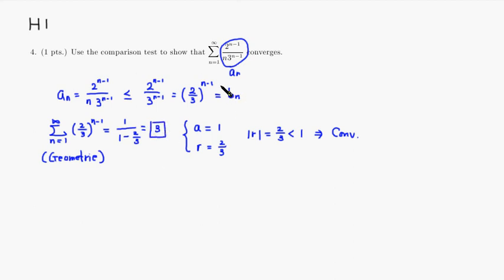Since b_n is something larger than a_n, and its series is convergent, by the comparison test, the smaller series is also going to be convergent.